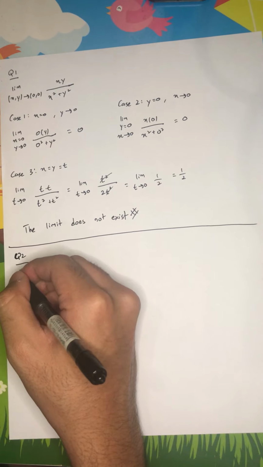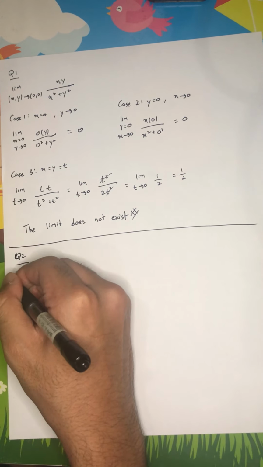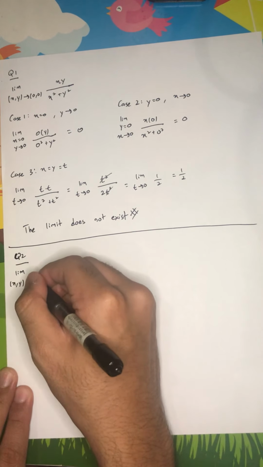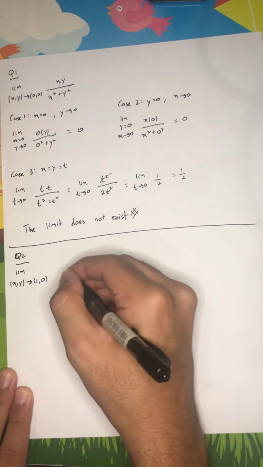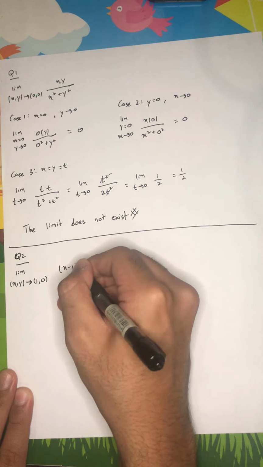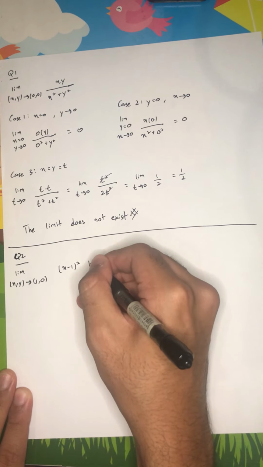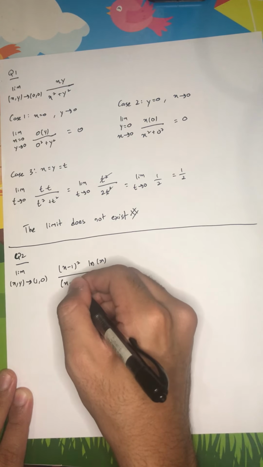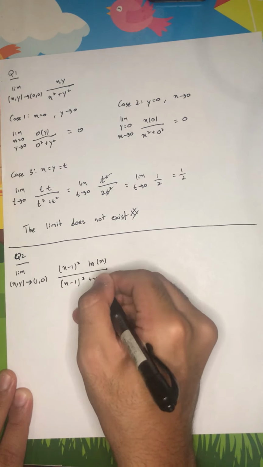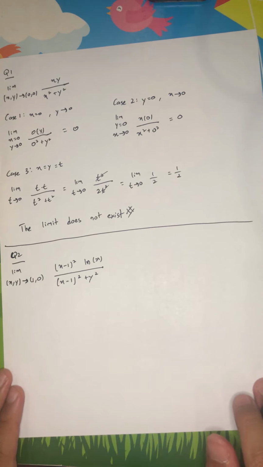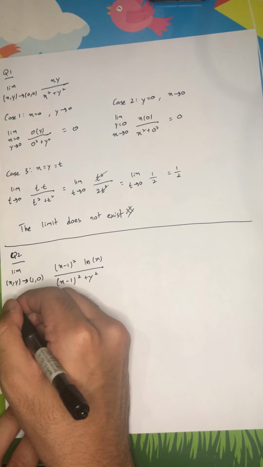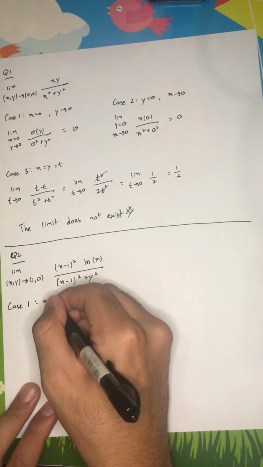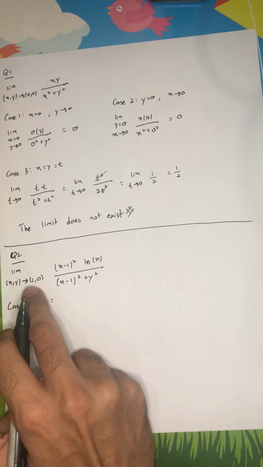I need to find limit of x, y approaching 1, 0. Alright, so the same. Case 1 is when we let x equal to, but now it's not 0, right?